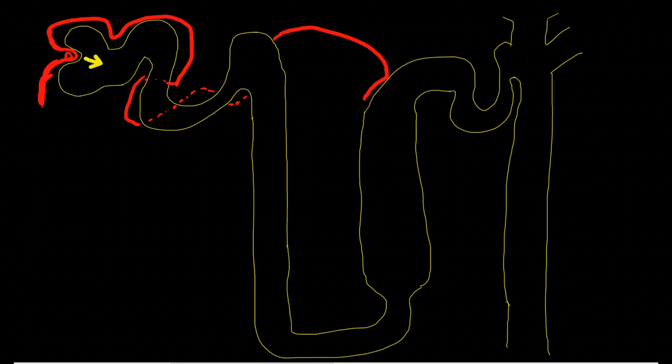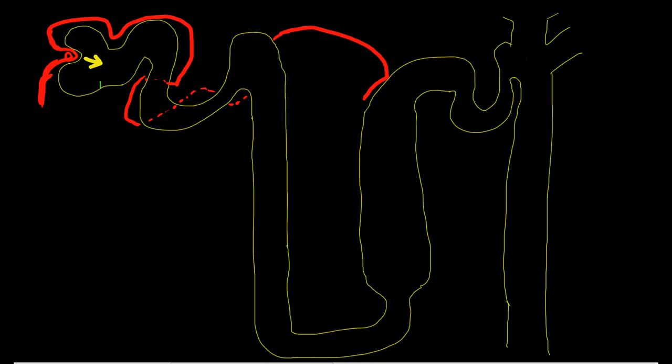Now, if you've watched my video on tubular reabsorption and secretion, then you know that here in the proximal tubule we've got a lot going on. We've got sodium-potassium ATPase pumps that are driving primary active and secondary active transport.